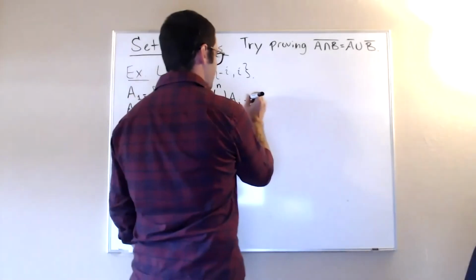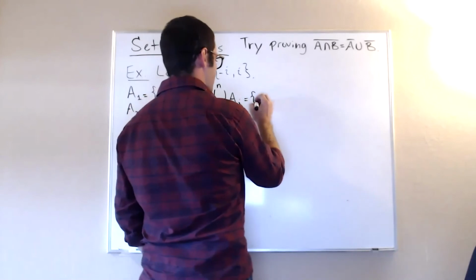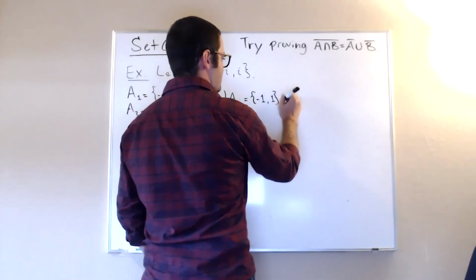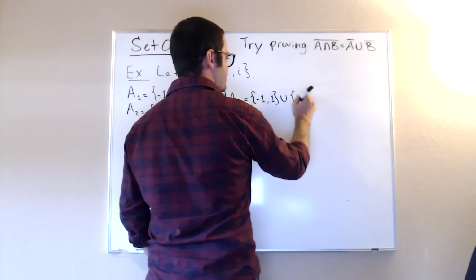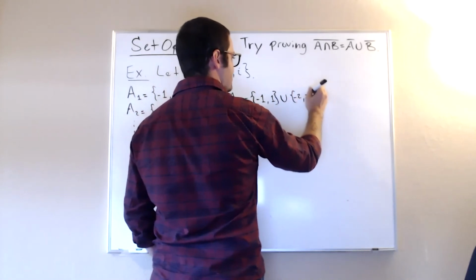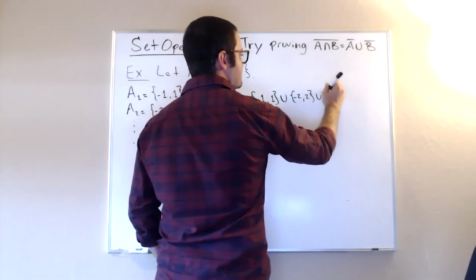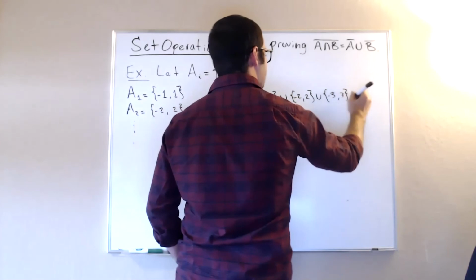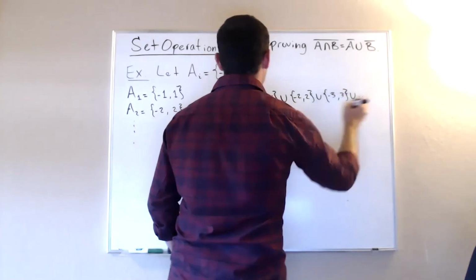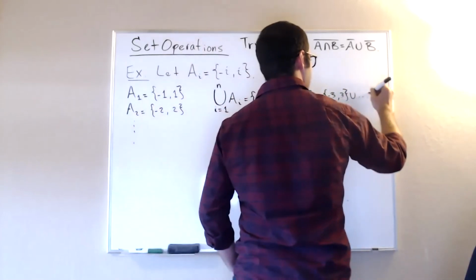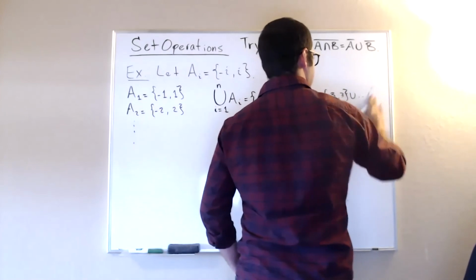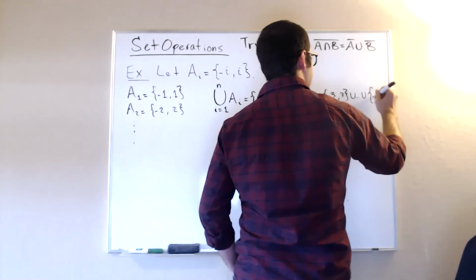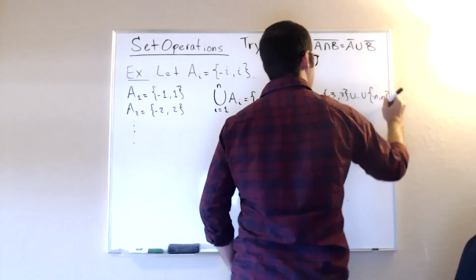So this will be negative 1 comma 1 union negative 2 comma 2 union, I'll just do one more, negative 3 comma 3 union dot dot dot to the union of negative n comma n.